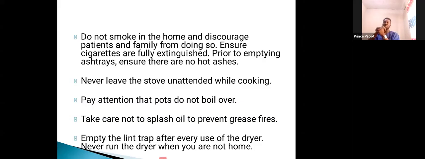Then you empty the lint trap after every use of the dryer and never run the dryer when you are not at home. Why?